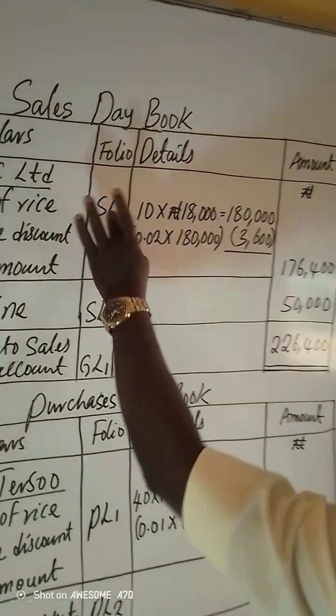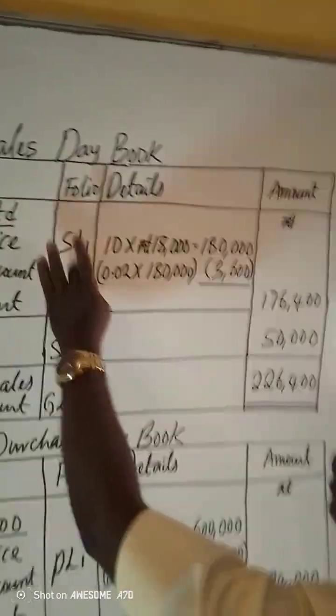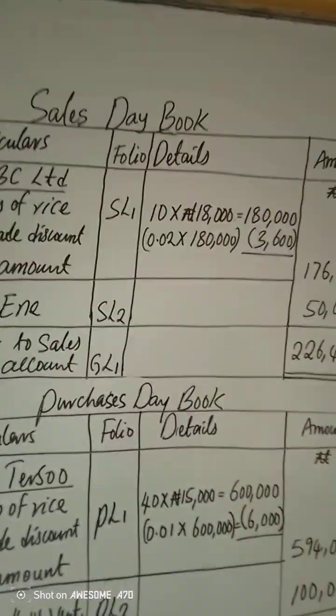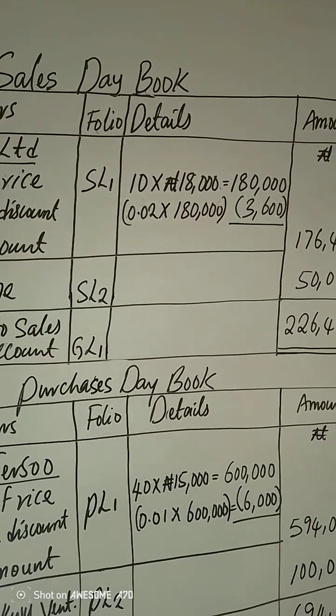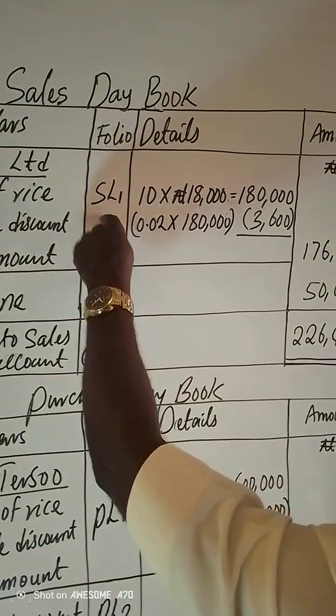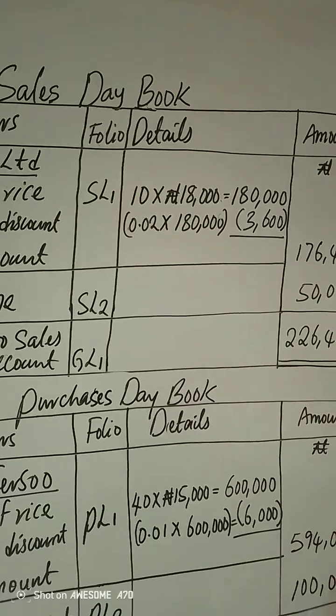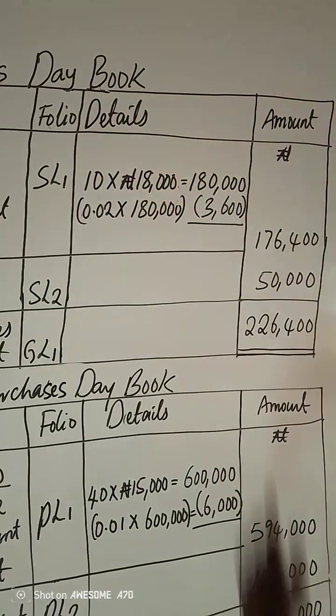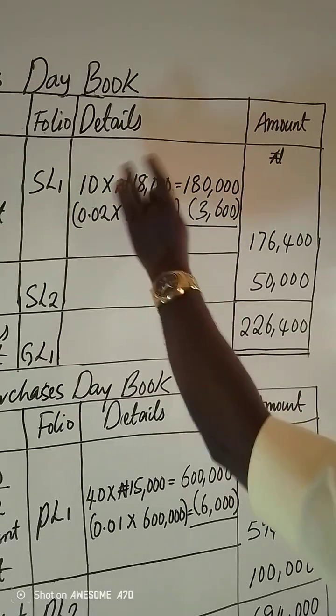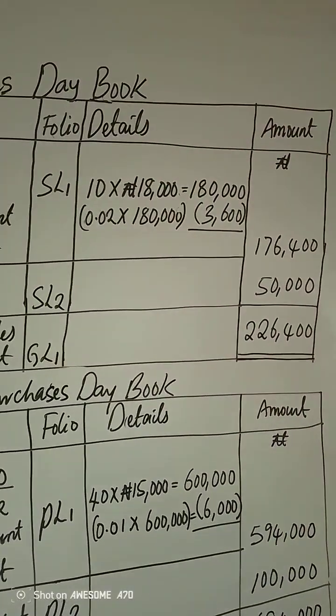This exactly is where folio is used: SL. SL means sales ledger 1, whereby all credit sales are recorded. So SL1 means a transaction on credit that has to do with sales. So this is sales ledger 1. Come and give out the detail. This is 10 bags of rice times 18,000, which gives 180,000.